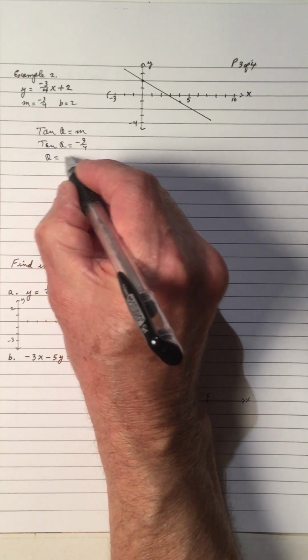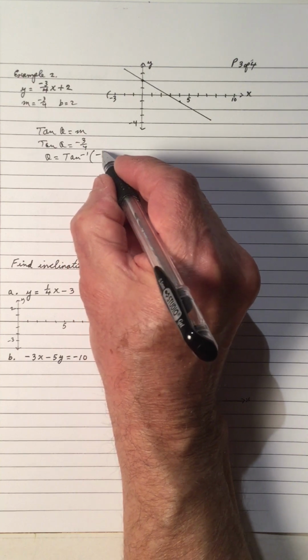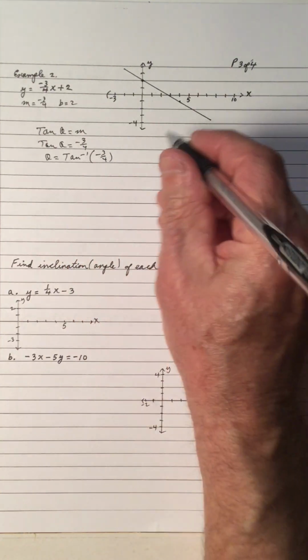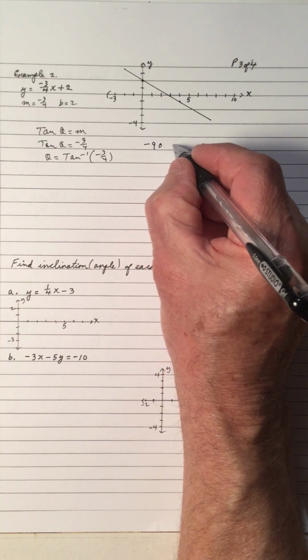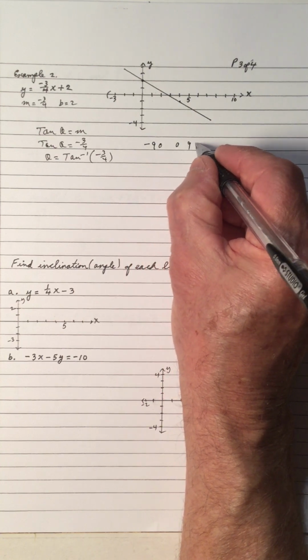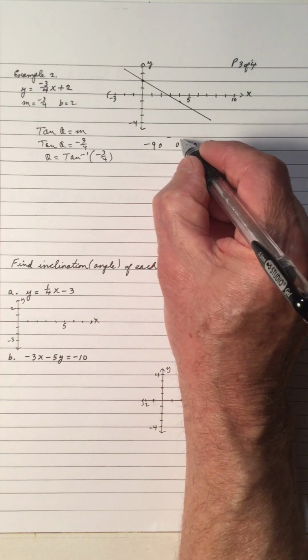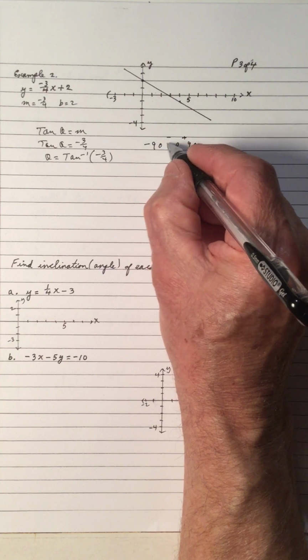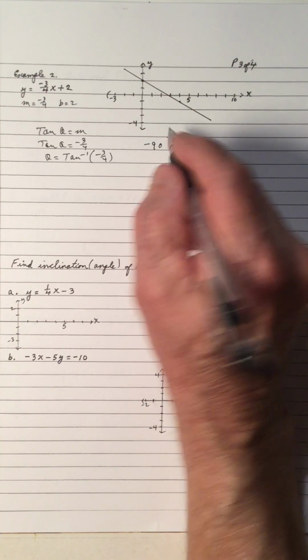So that means theta is tan to the negative 1 of negative 3/4. And again, repeat: tan goes from negative 90 to 0 to 90. Because this number is negative, the angle is going to be between 0 and negative 90.